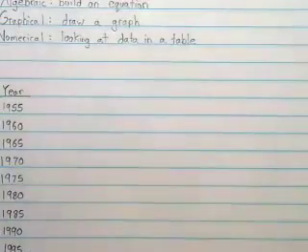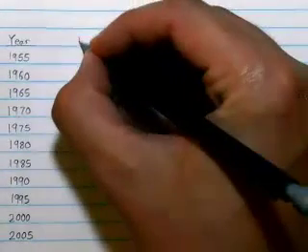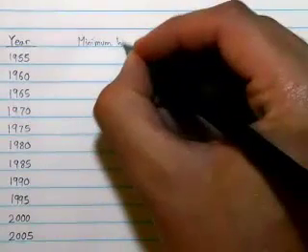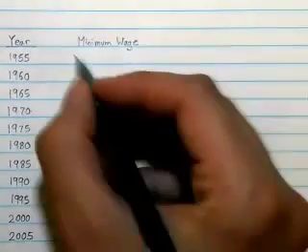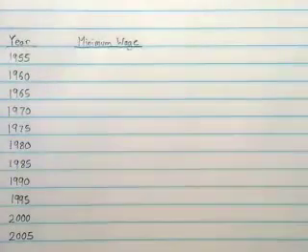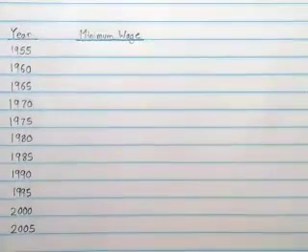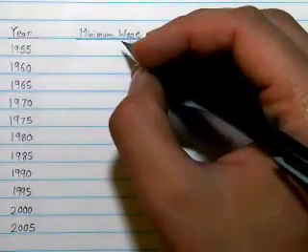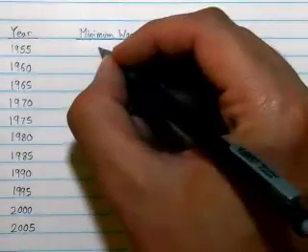So right around 1995, that's when I was your age, when I was working minimum wage. And then the minimum wage for each one of these years, this is in dollars and cents.